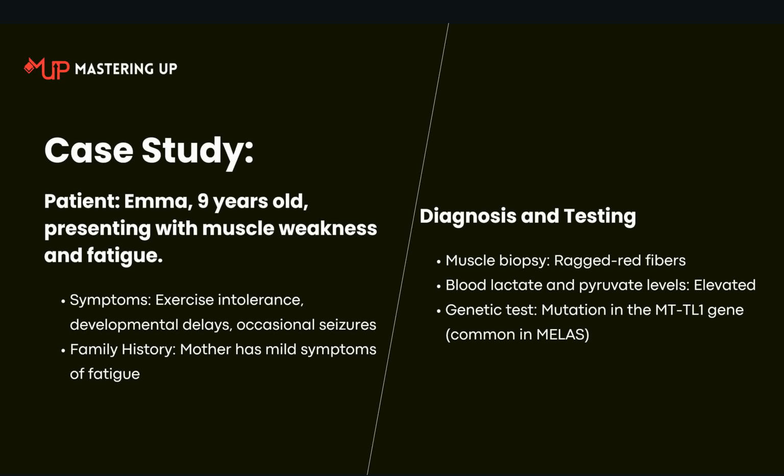A muscle biopsy revealed ragged red fibers, which is a characteristic of mitochondrial disease. Genetic testing confirmed a mutation in the MTTL1 gene, commonly associated with MELAS, which is mitochondrial encephalomyopathy, lactic acidosis, and stroke-like episodes.